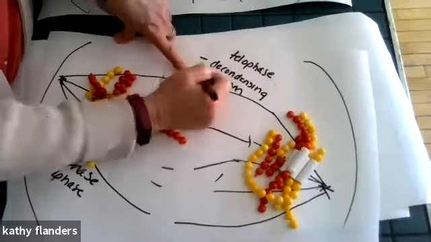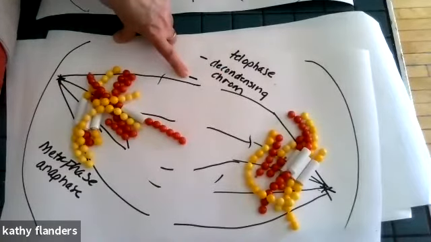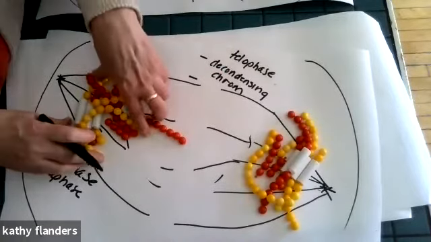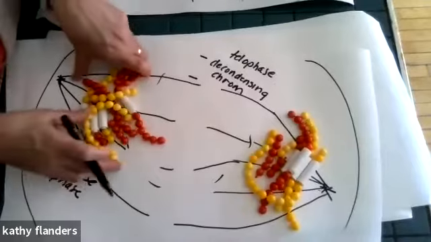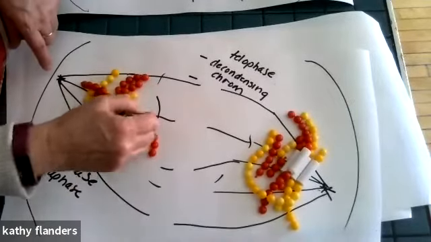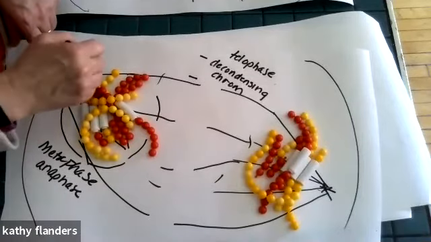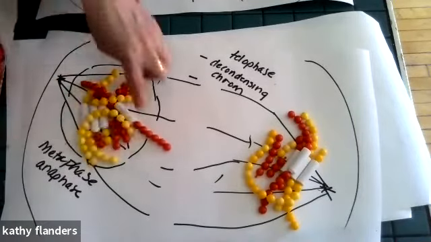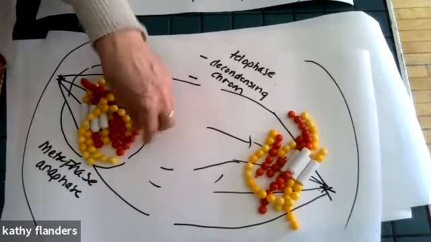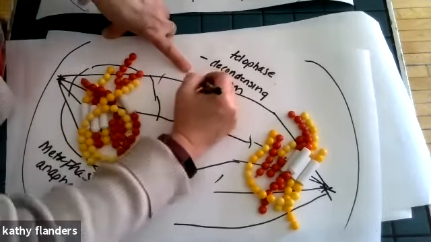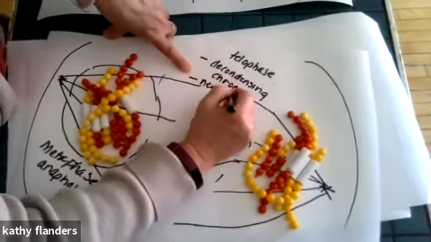Secondly, every cell needs a nucleus, right? So we've got to make a new nucleus. So we're going to start seeing a nuclear membrane form around our chromosomes. So we're going to have new nuclear membrane.